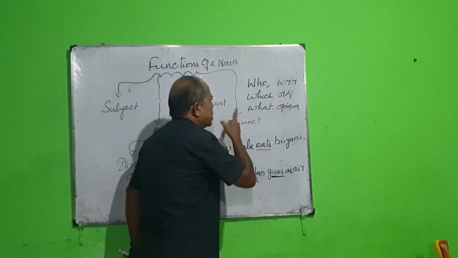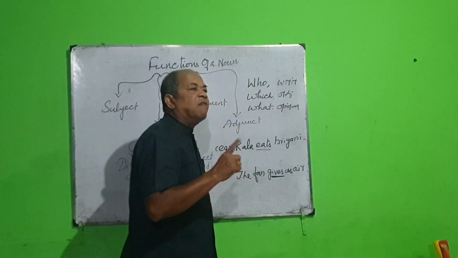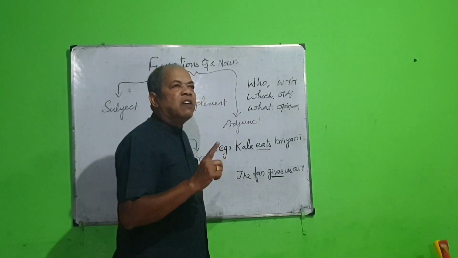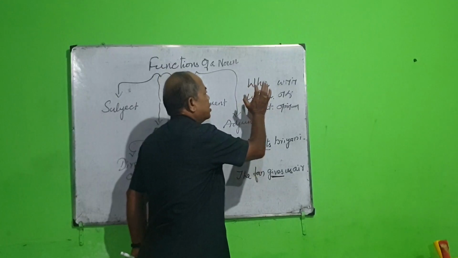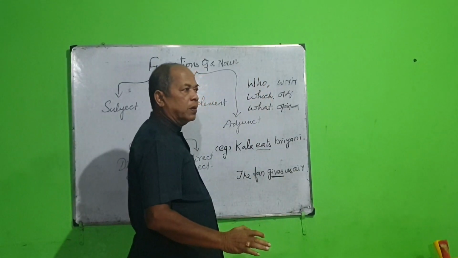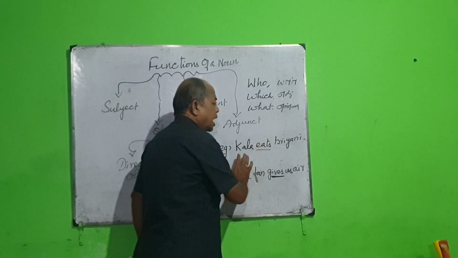Here, which question word will you take? Kala is a lively person, so your question word should be who.